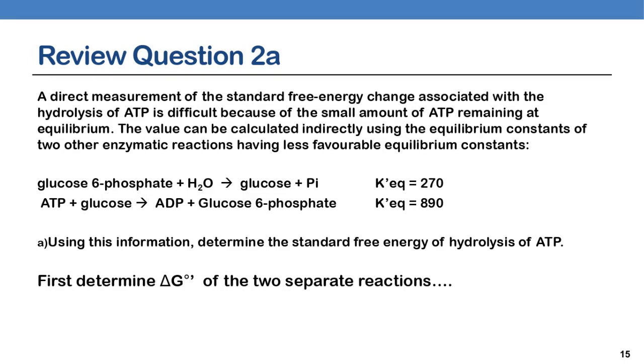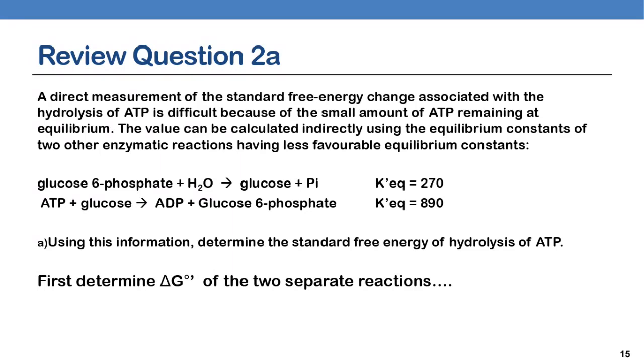All right, review question. A direct measurement of the standard free energy change associated with the hydrolysis of ATP is difficult because a small amount of ATP remains at equilibrium. So this value can be calculated indirectly using the equilibrium constants of 2 other enzymes that have less favorable equilibrium constants.